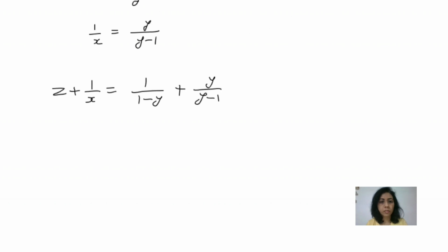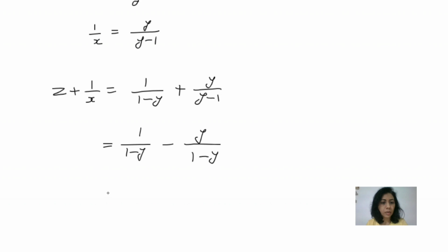Okay, so 1 upon 1 minus y, and here actually this is the same but different sign, so we can take common negative 1, so this will be negative y, 1 will be positive and y will be negative.